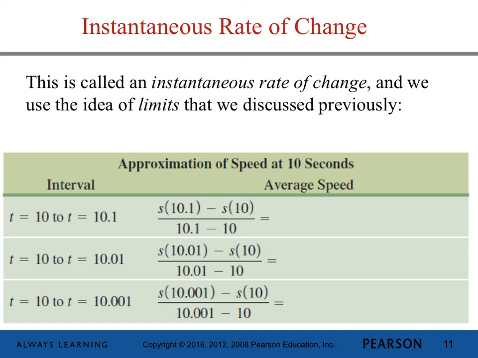And we're going to use the idea of a limit to try to figure out what instantaneous rate of change is. Because rate of change is an average rate of change if you're going from point A to point B. Now, if we wanted to figure out as close as we could to how fast we're going at 10 seconds, we could figure out our average speed when we went from 10 seconds to 10.1 seconds.